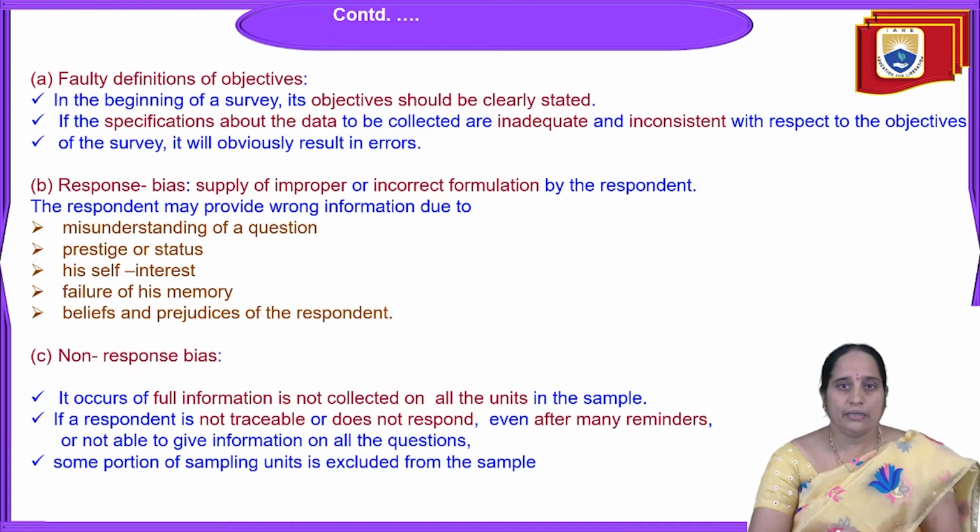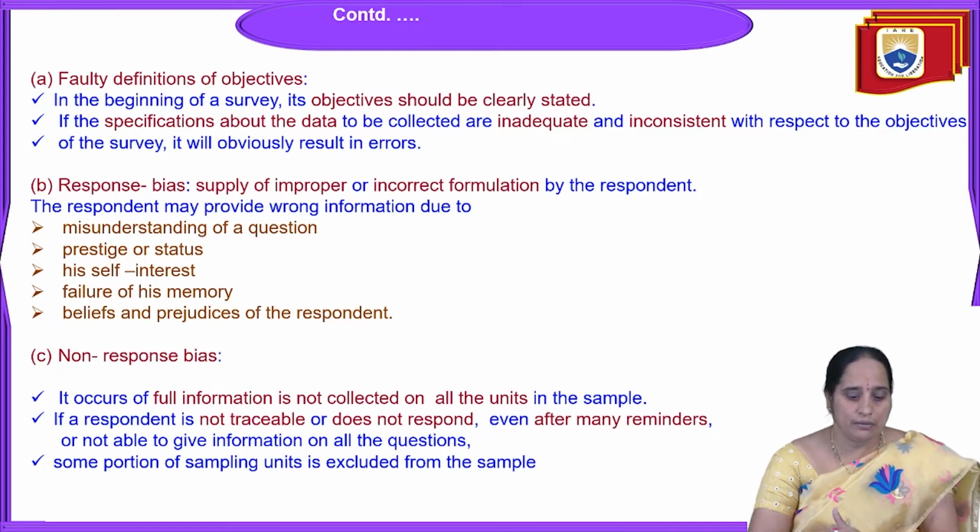But it leads to some non-response bias because the other person may not be available and may not be able to respond due to work stress or some other reasons. Anyhow, these people have some sort of targets. They have to complete the task.